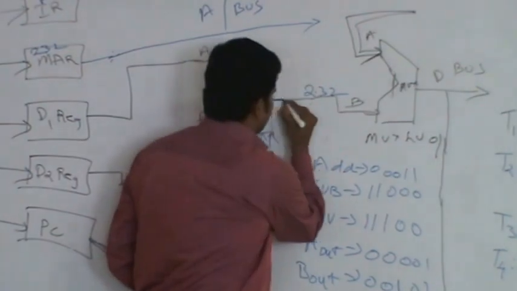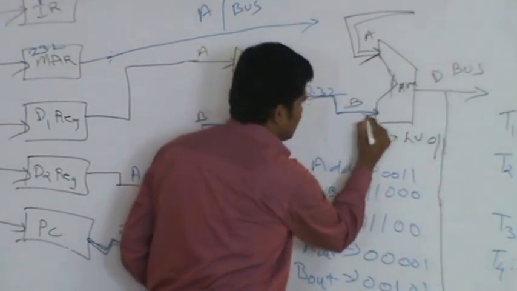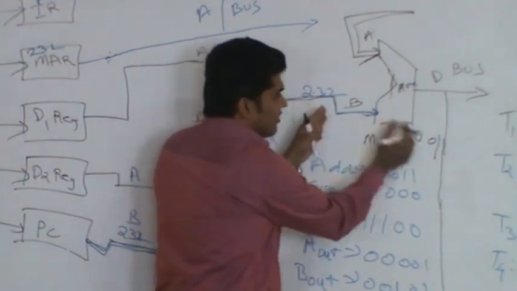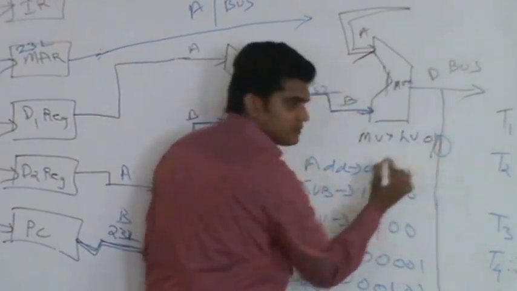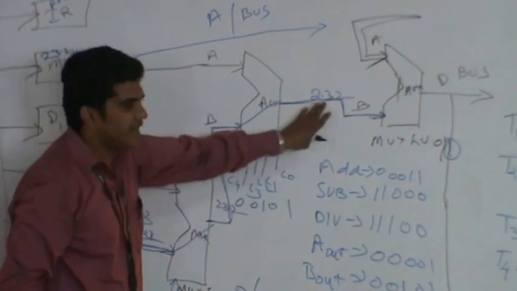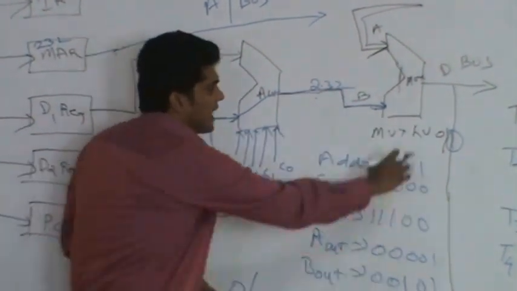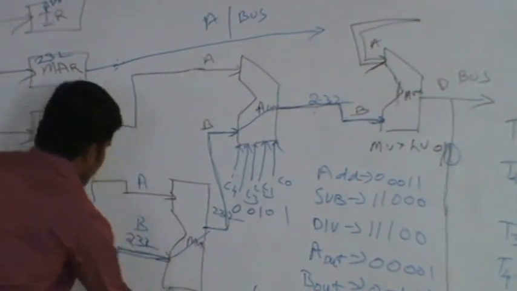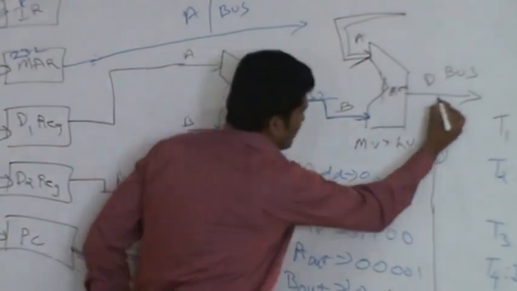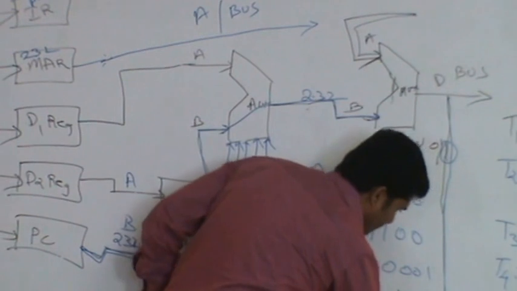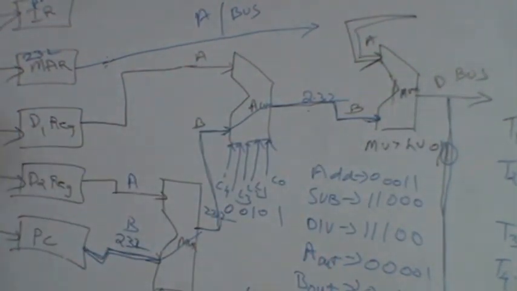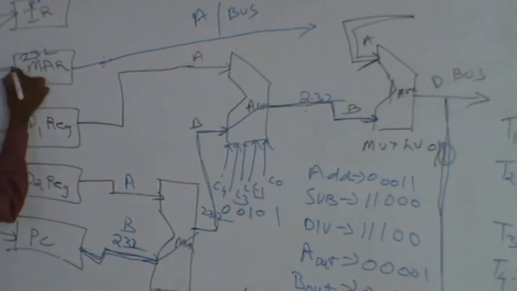And if it is 1, the data from the B line is selected and placed on the D bus, and it is given to MAR.